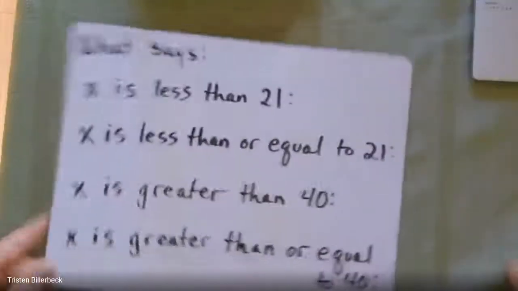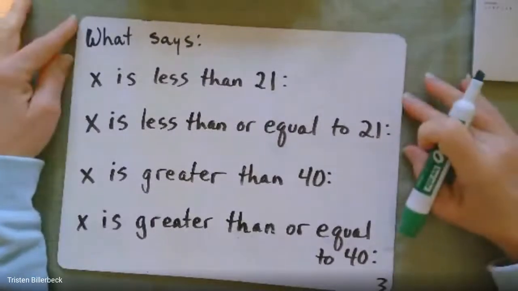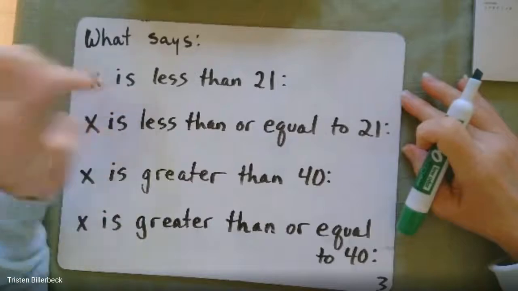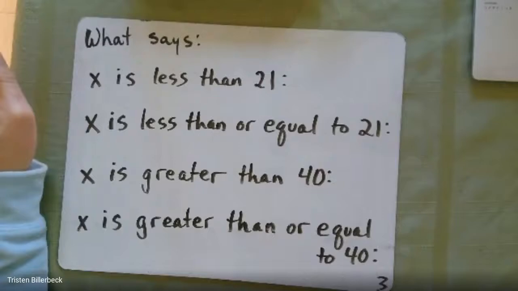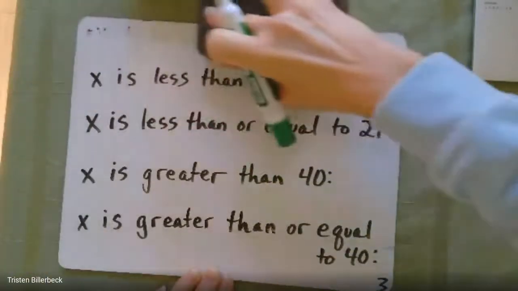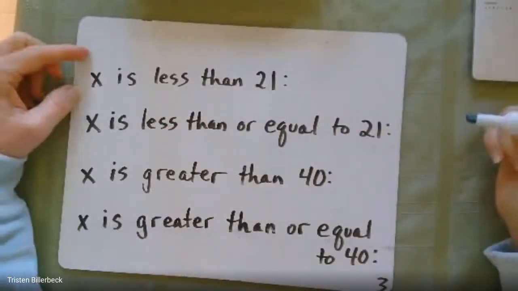Okay, so let's look at this. It says X is less than 21. So I guess I wrote this badly. So what does this say? Let's just erase that. Okay, so let's write what it says.